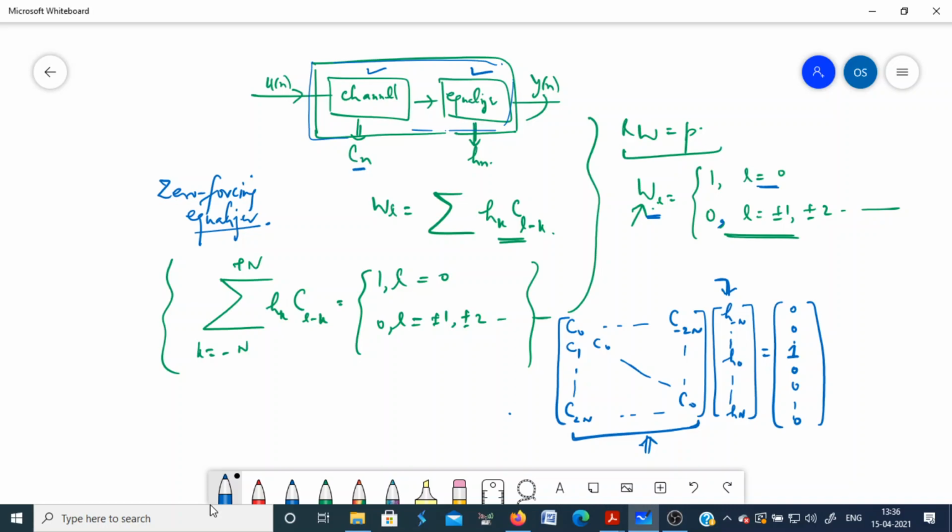Okay, this impulse response WL is 1 for L equal to 0. So you have only one pulse here at L equal to 0, the rest is 0.